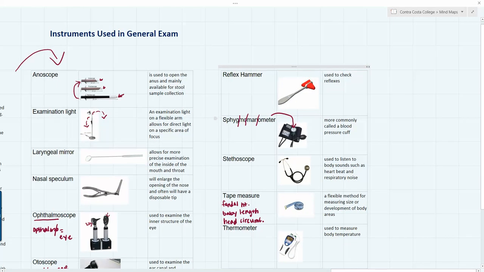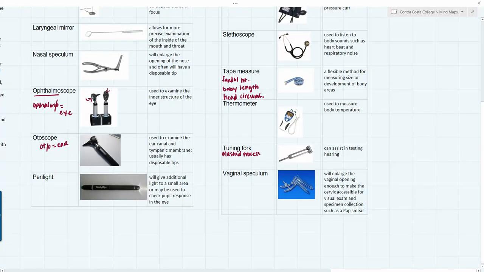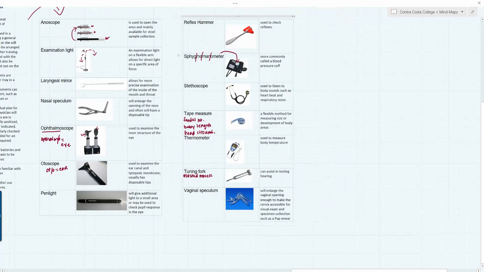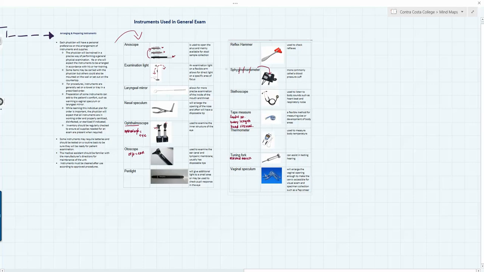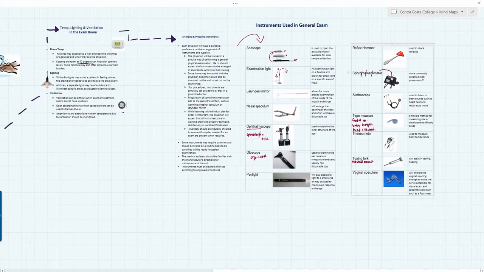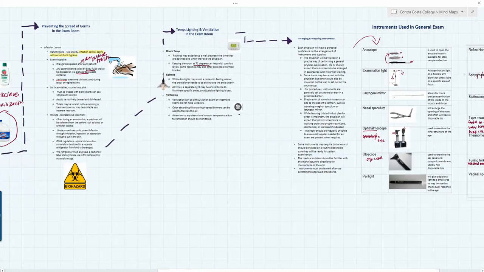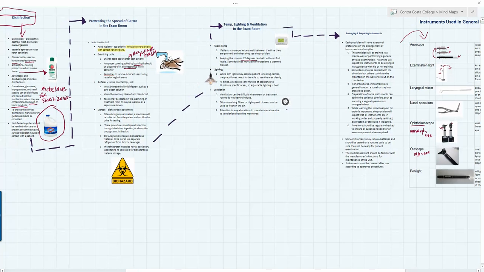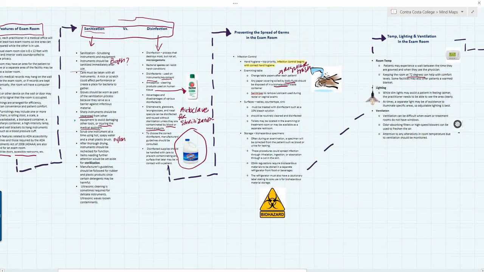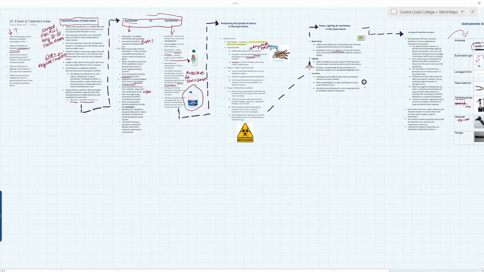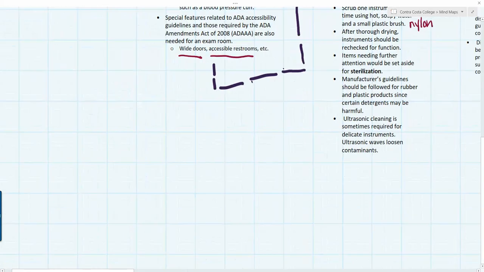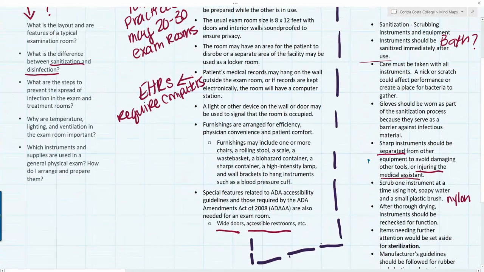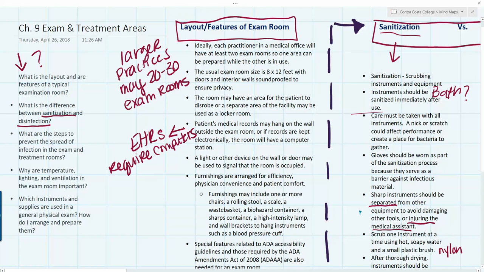So I think, is that it? Yeah, looks like that's it. All right. Well, I think that is it for our Chapter 9 lecture. Let's go back over and make sure we answered all of our questions. Layout and features of a typical exam room, we got that.